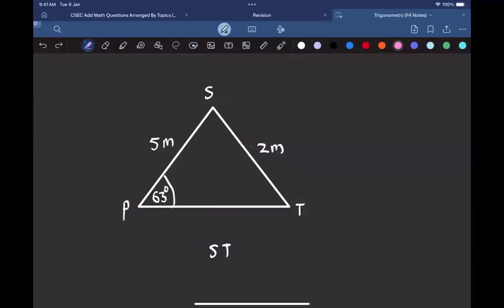Right, I want you to show me where TSP is. Where is that angle? And tell me if it's an included angle or not. Yes, it is, because it's in between two known sides.